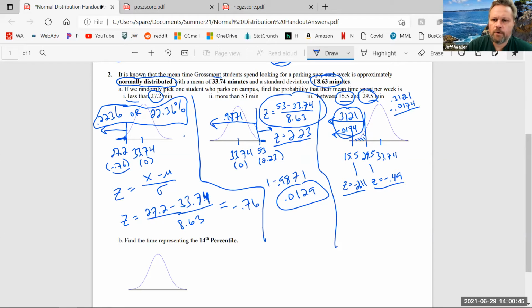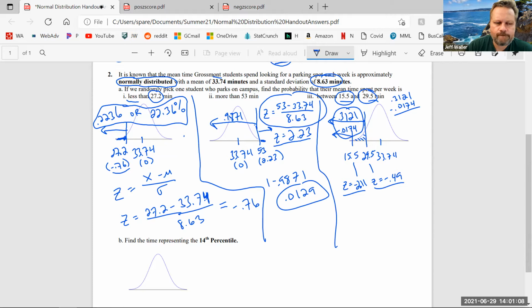So I really want you to remind yourself that this is just like finding the area of a rectangle. It's just a much weirder shape. So the z-score chart takes the place of calculating the area of the rectangle. That's what it does.